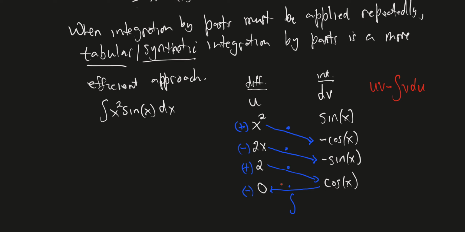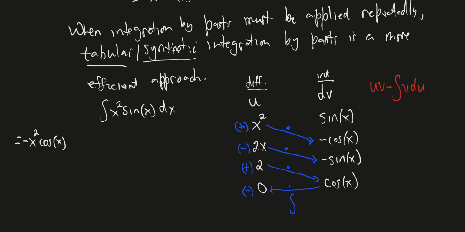All right? So let's see if we can put this all together, and just by looking at this table, write down the antiderivative of x squared times sine of x dx, right? And remember, we had the result by using the formal method, and let's make sure that this method works, right? So we're going to take a positive x squared and multiply a negative cosine of x. Well, that's going to give me a negative x squared cosine of x.